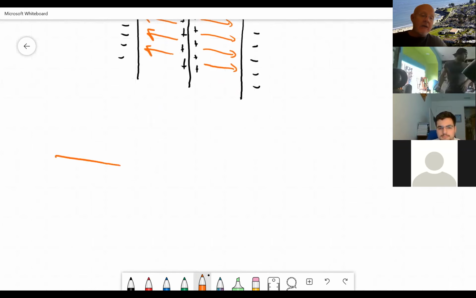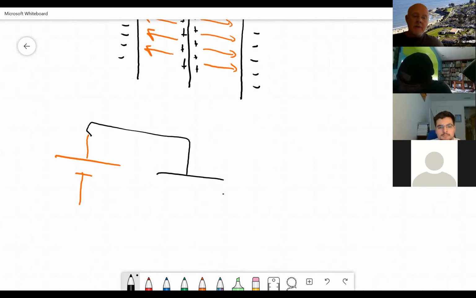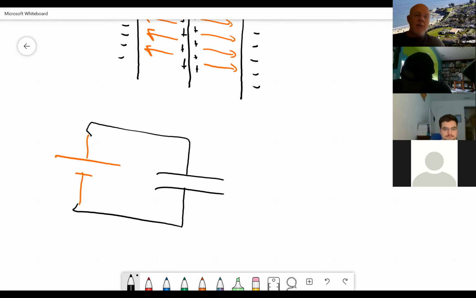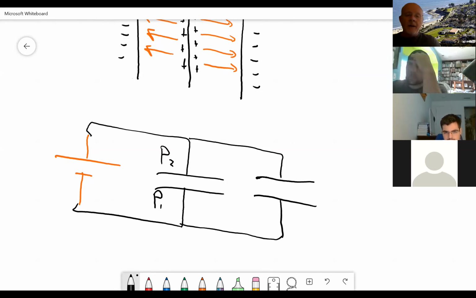What I have is a battery, and the battery has one capacitor with the positive here at P2 and the negative at P1. But also a second capacitor is in parallel with the first one, where this negative here is P3, and this is actually the other side of P2.